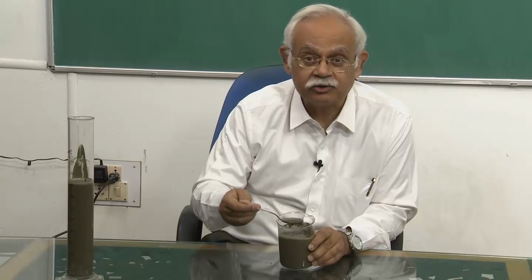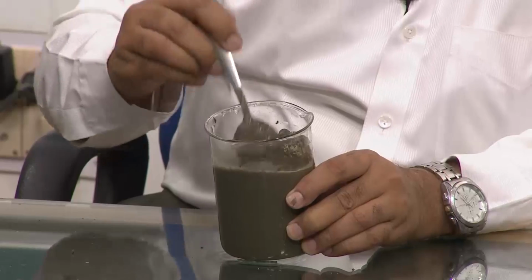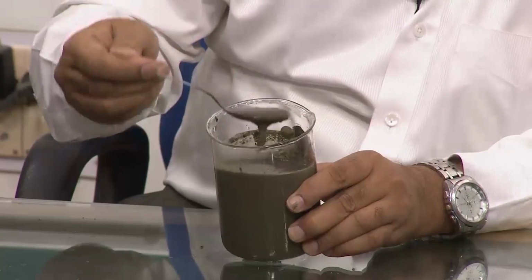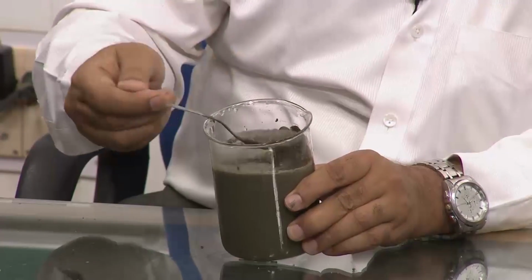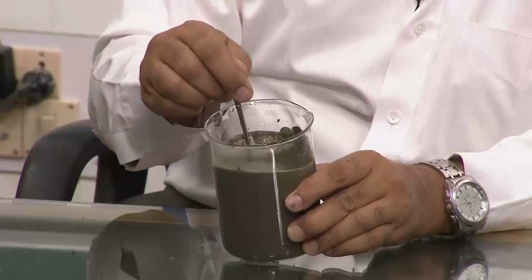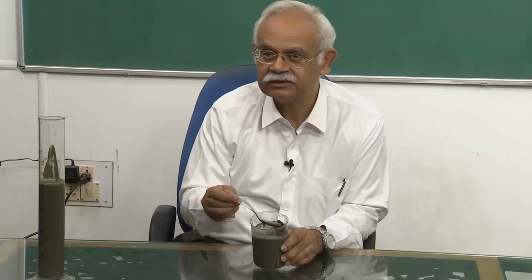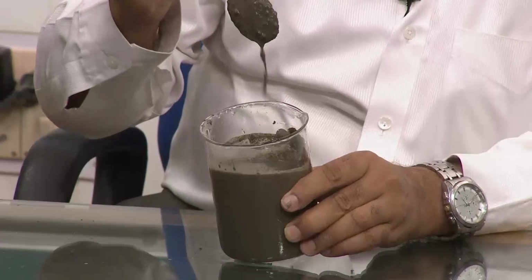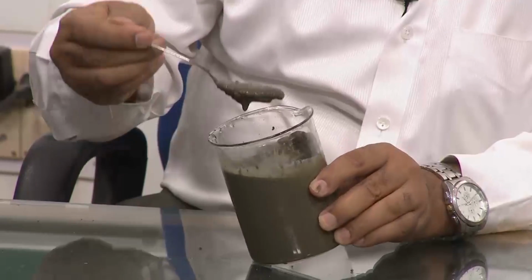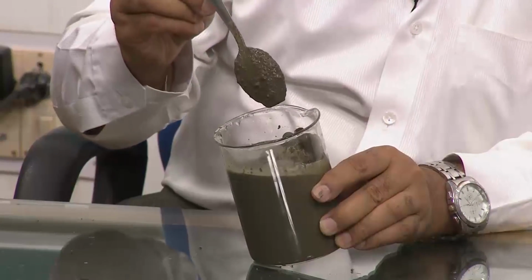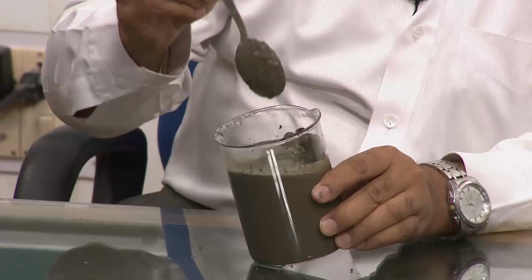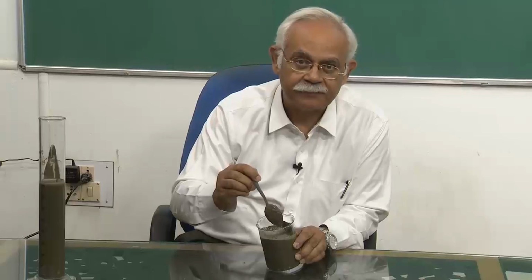Now we could not show you the mixing process itself, but now this is the mortar which has been obtained by adding 1890 grams of sand to the paste that we just saw. So you will be able to recall, I hope, that the workability of that paste has been substantially reduced by the addition of sand.